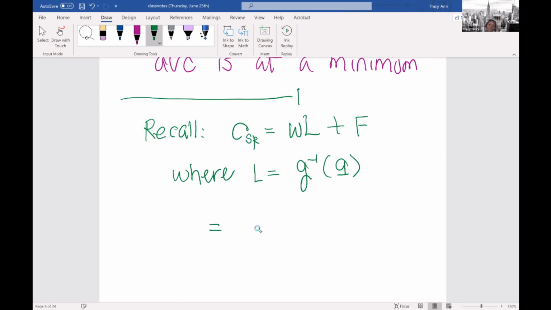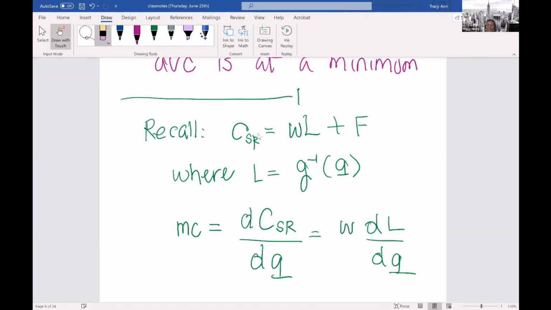If I write my marginal cost to be equal to the change in total cost, okay? So let me do this. If I write my marginal cost to be equal to the derivative of my cost function with respect to quantity, this is what we noted. It is the derivative of the cost function with respect to quantity. Then recognize that essentially, we're talking about W times the derivative of L with respect to quantity.